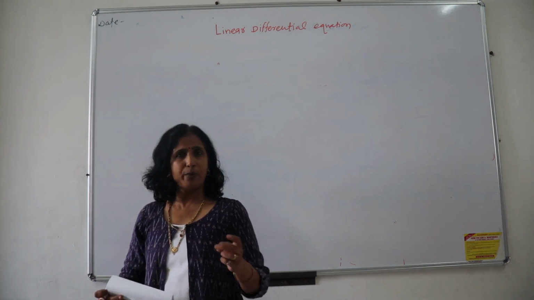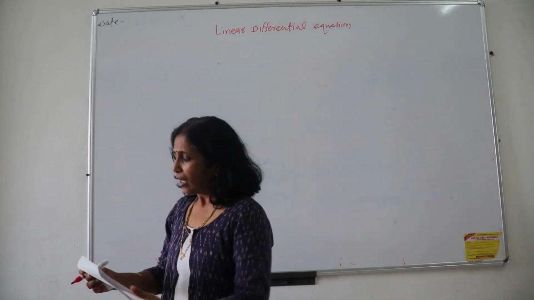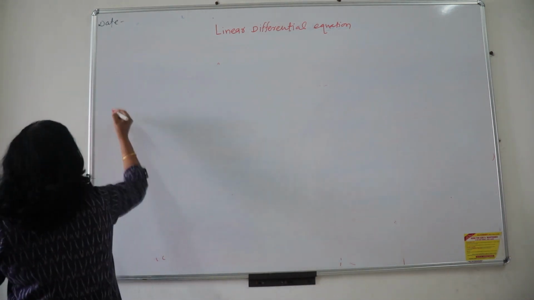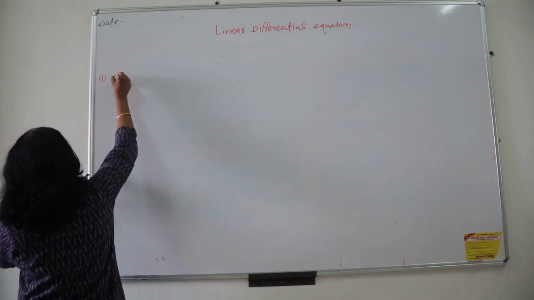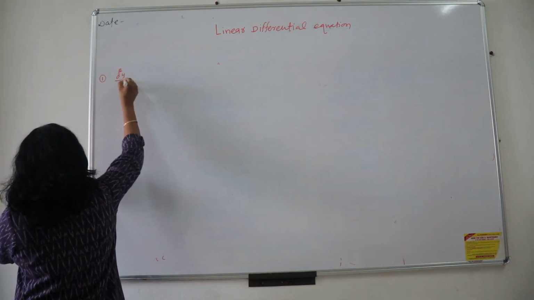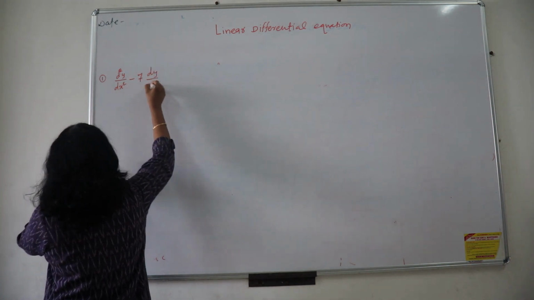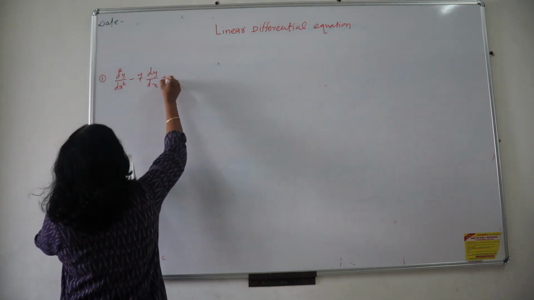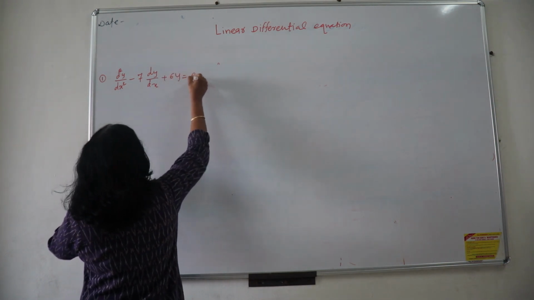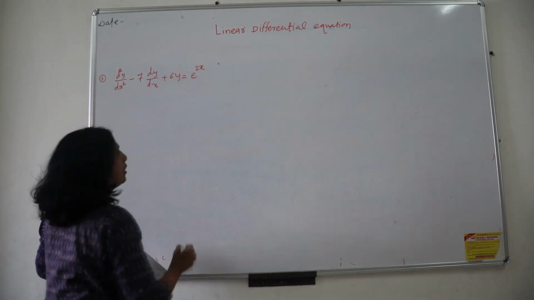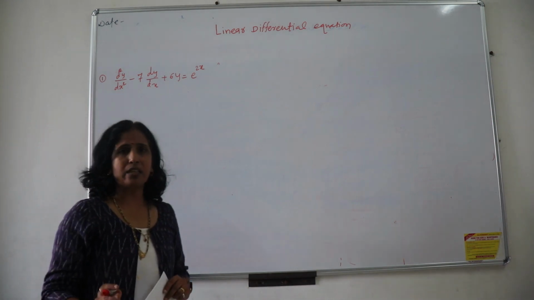Don't forget: first complementary function, then particular integral, and then your final answer will be there. So my first example is d2y by dx square minus 7 dy by dx plus 6y is equal to e raised to 2x. Very simple example, only for understanding the concept.